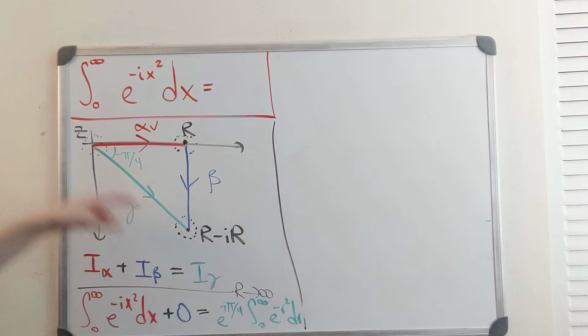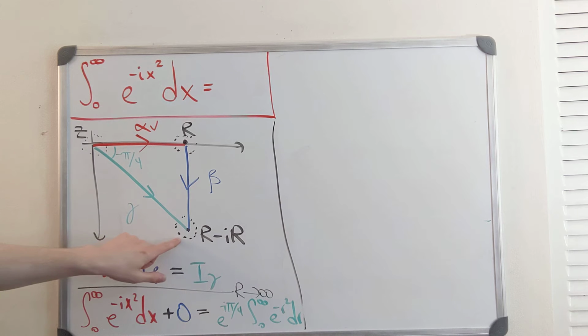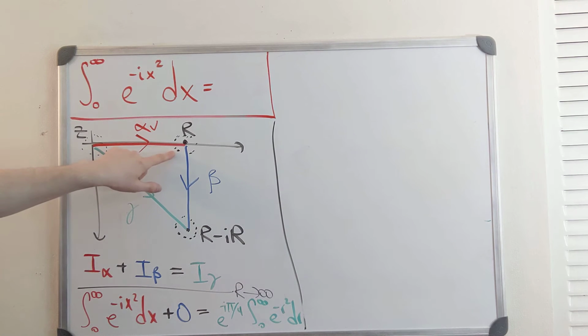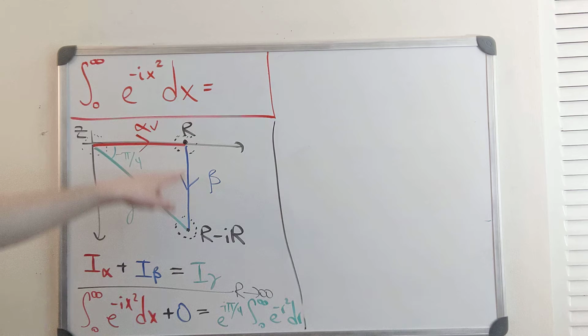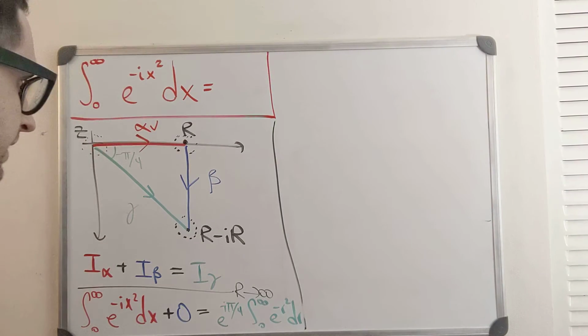We call the parameter r, e to the minus r squared. So it's actually sort of quadratically exponentially damped out over here. Out here we only had 1 over r damping, but here we're going to have, I believe, e to the minus 2 r squared damping. So the contribution along here should be small in the sense of going to 0 as r goes to infinity altogether. And that is what we'll see.